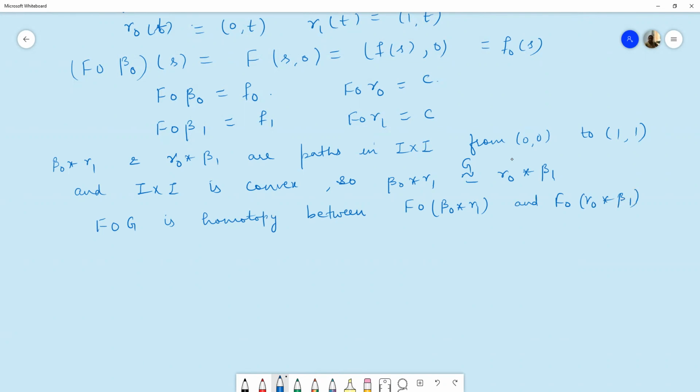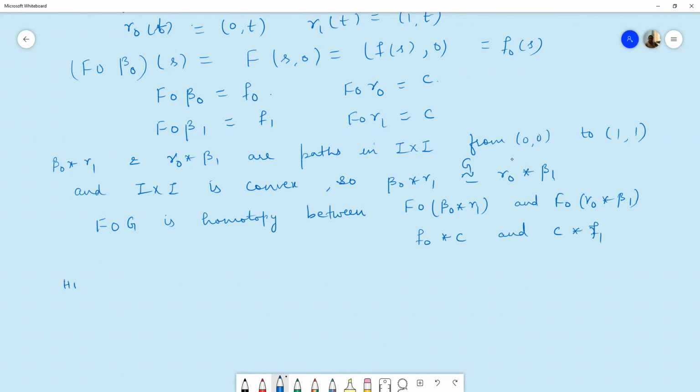And this is the path F circle beta naught star F circle gamma 1. So F circle beta naught is F naught, star F circle gamma 1, that is C. So the second one is F circle gamma naught, that is C. F circle beta 1, that is F1. So F circle G is a homotopy between F naught star C and C star F1.